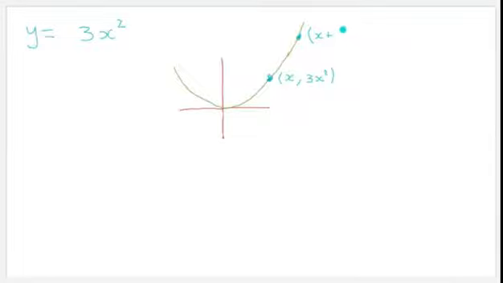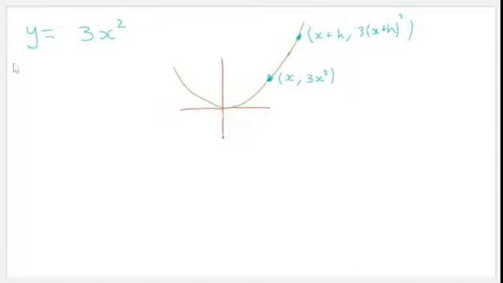I'm going to call my a little bit more h. That's my x coordinate. And then my y coordinate is going to be that substituted into my function, which is going to be 3 lots of (x plus h) squared, just like that.